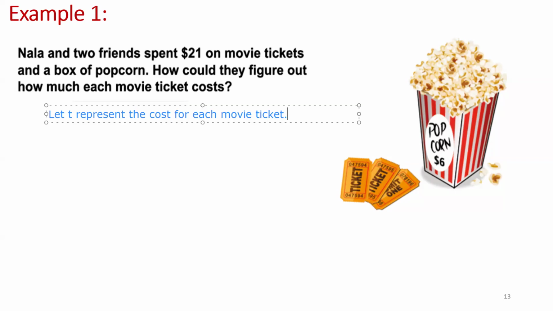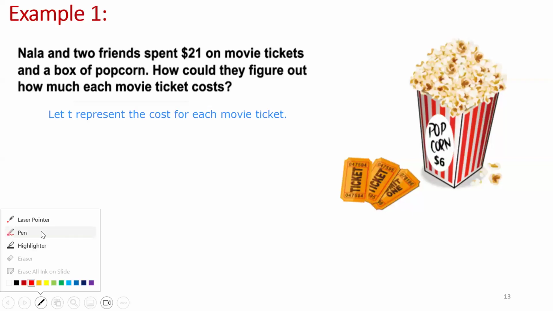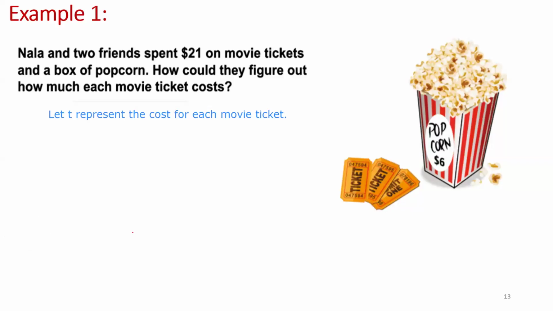Once we define our variable, we can start by thinking about what we are going to do to create the equation to represent this situation. So they bought 3 tickets. So it's going to be 3 times T. 3 times T means 3 times the cost for each ticket.